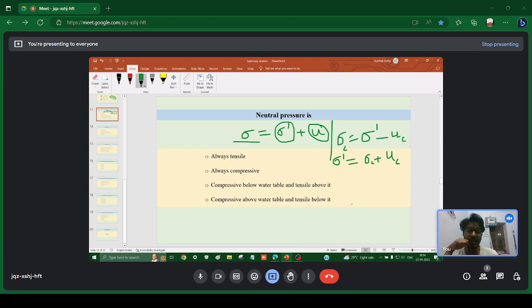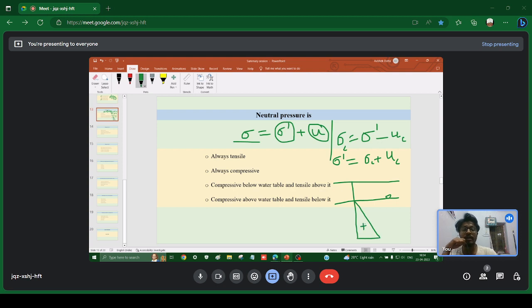So if this is the water table and this is the soil layer, then below the water table, if this line shows the pressure distribution, the pressure will be compressive. This is the positive side, this is plus.